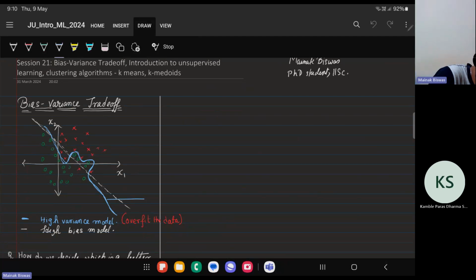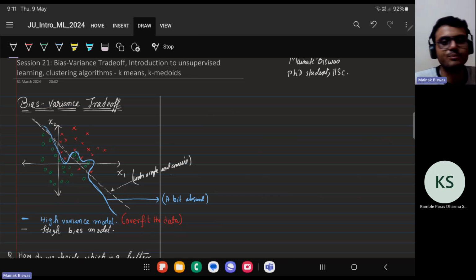This blue curve, do you see it is a bit absurd? But this looks simple and concise. By simple and concise, these are qualitative terms; quantitatively, we will be seeing. This is trying to show what is called Occam's razor.